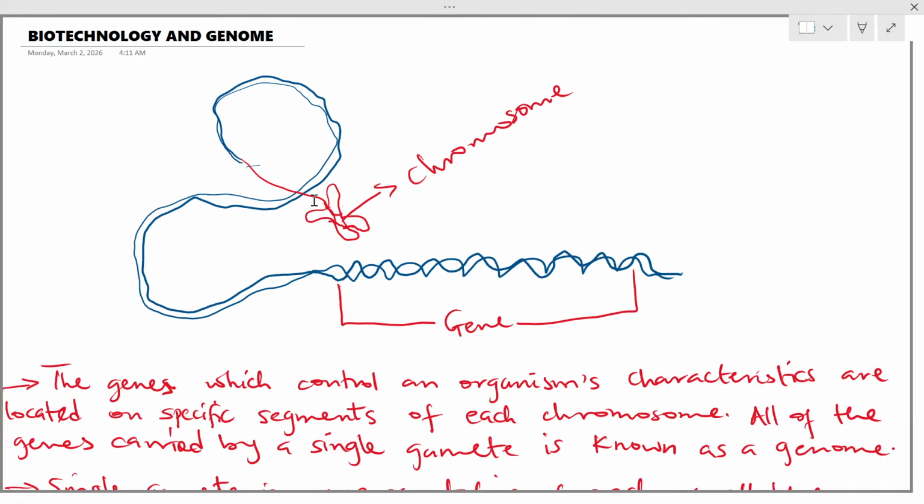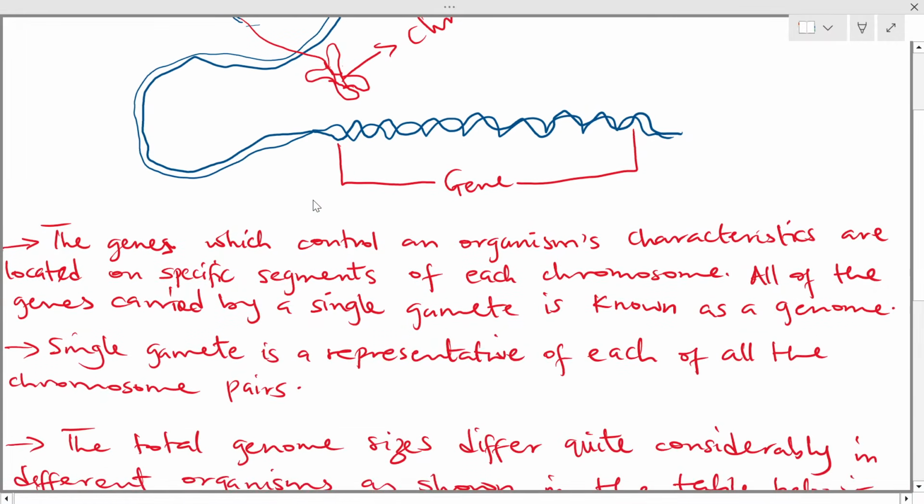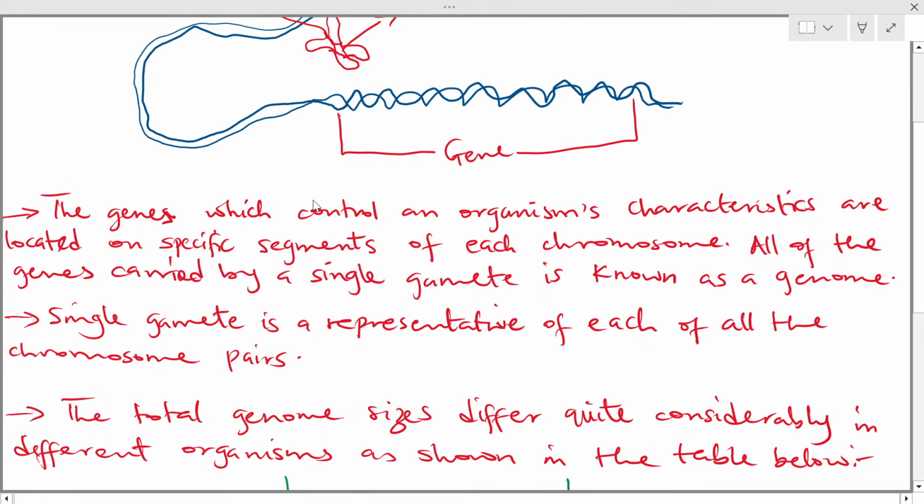The genes, which control an organism's characteristics, are located on specific segments of each chromosome. All of the genes carried by a single gamete is known as what? The genome. This is also very key.